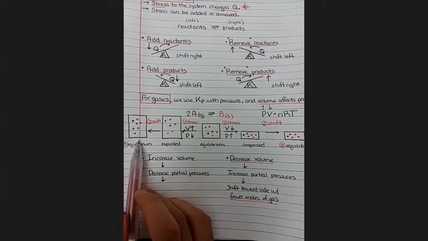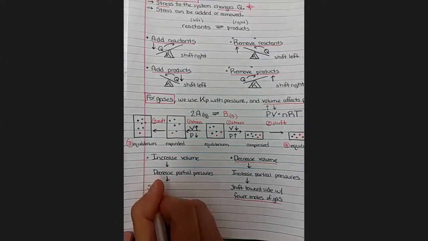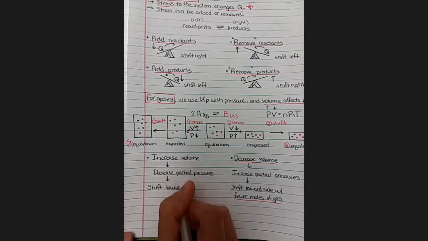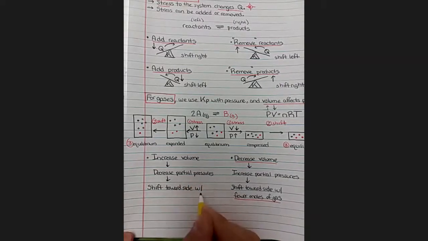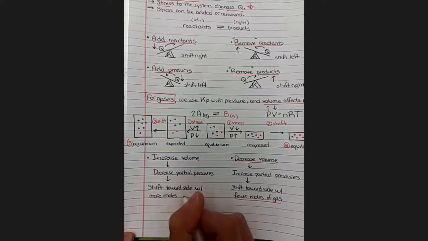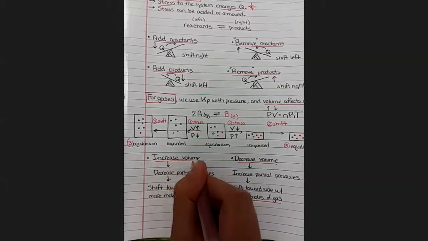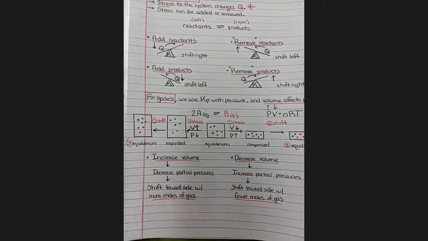So we've added more gases to fill that space. So the system will shift toward the side with more moles of gas. Fill that space. So an increase in volume, which decreases the pressure, shifts to increase the pressure by adding more gas.